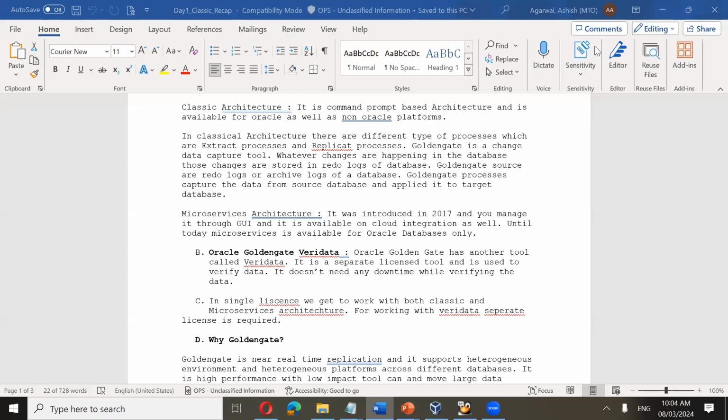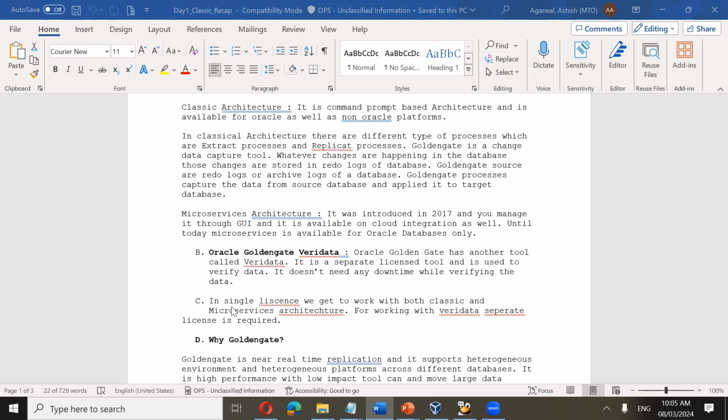So with a single license, you can work with either classic or microservices architecture. You don't require a separate license to work on classic or microservices because the Goldengate license cost is calculated based on the number of database cores you are using. But Veridata is a separate license product and you have to buy a separate license.